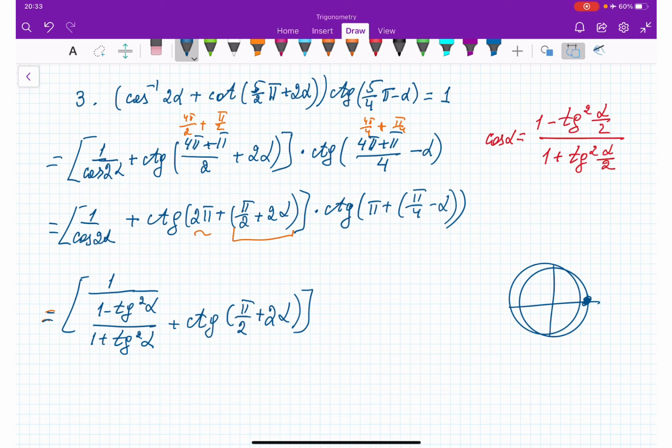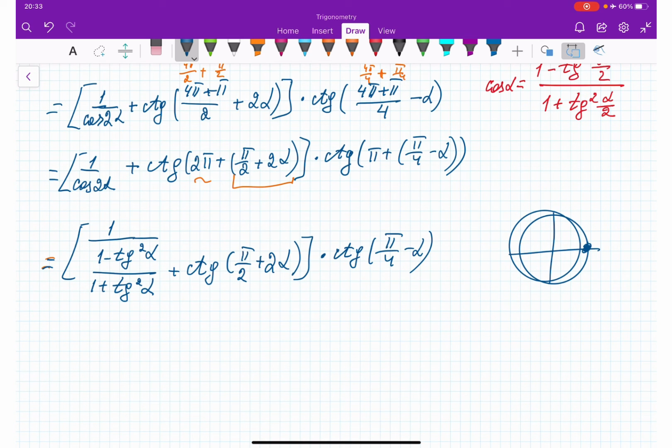Same thing here, pi plus, so you will end up in the same position of pi over 4 minus alpha. Okay, so 1 divided by (1 minus tangent squared) over (1 plus tangent squared) is going to flip, and we're going to get 1 plus tangent squared alpha over 1 minus tangent squared alpha.